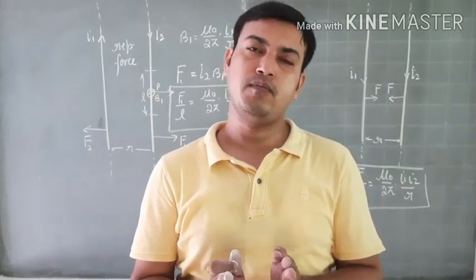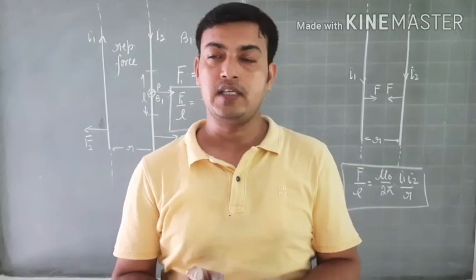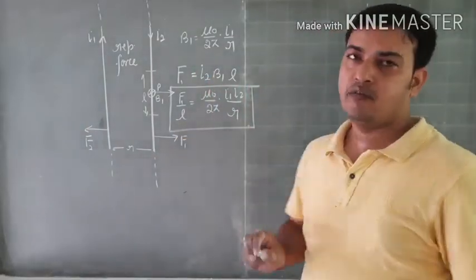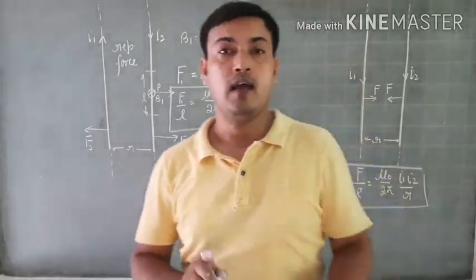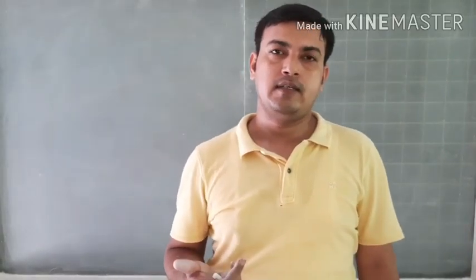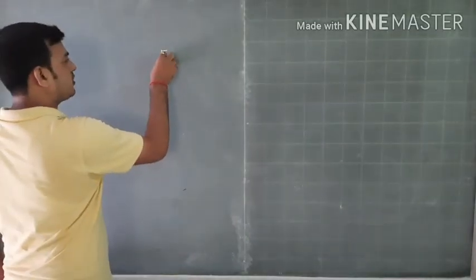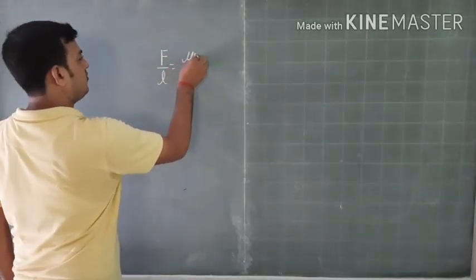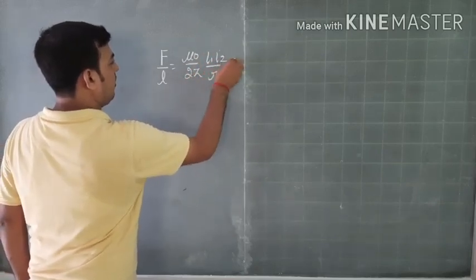If the current on the wires is in the opposite direction, the wires will repel each other, but in both cases the force per unit length will remain the same, and that is mu naught by 2 pi I1 I2 by R. So we have seen that if two wires are placed parallel to each other and current flows on both the wires, then how the force acts between these two, and we found that the force per unit length was mu naught by 2 pi I1 I2 by R.